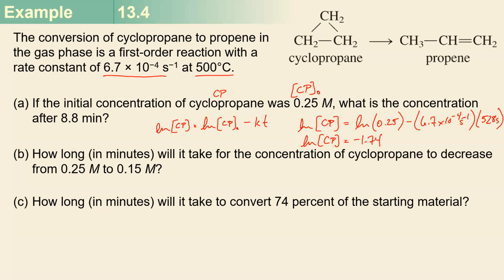And so the concentration of Cp is equal to e raised to the negative 1.74, which is 0.18, since they're only given 2 sig figs. 0.18 molar. Didn't quite leave myself enough room for that example, but that's the idea.